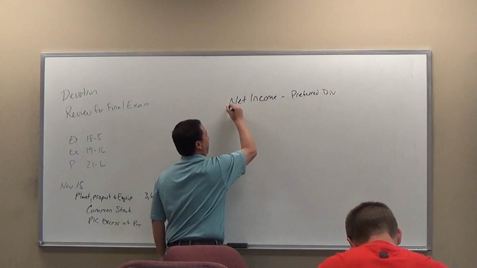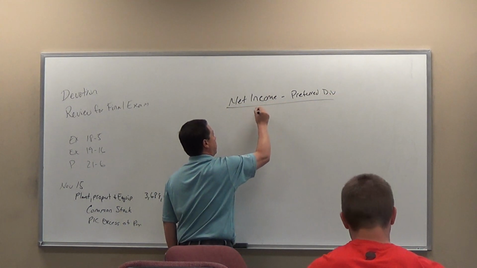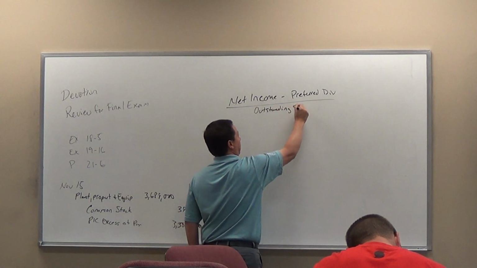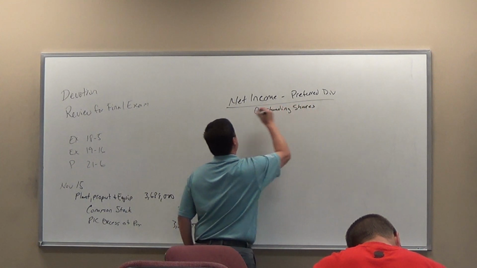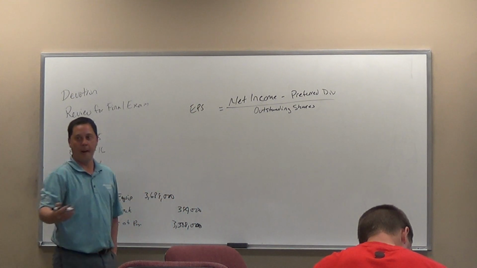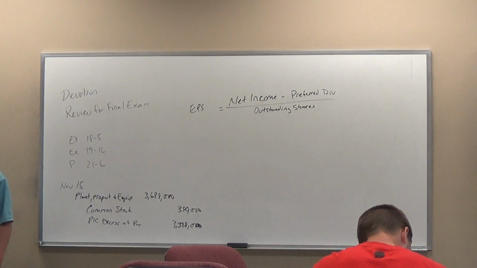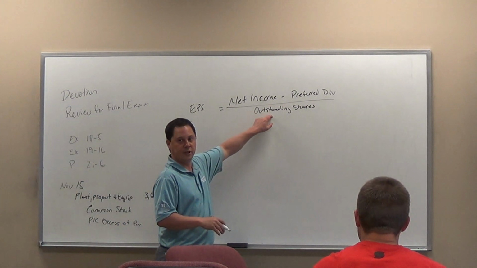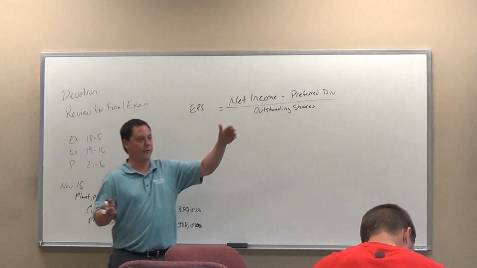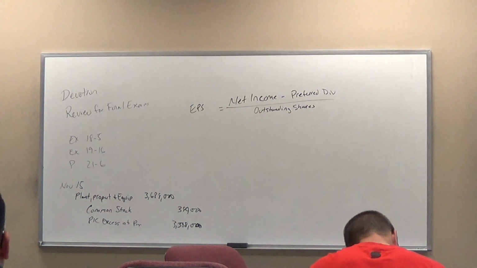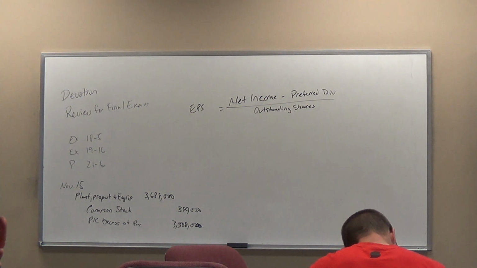And then we're going to go over outstanding shares. All right, so that's our EPS. Now the diluted, remember, is anything out there that are options that can change all of those things. So the diluted will typically figure in the outstanding shares, because they could convert, like convertible bonds or anything like that that can be converted to change that.